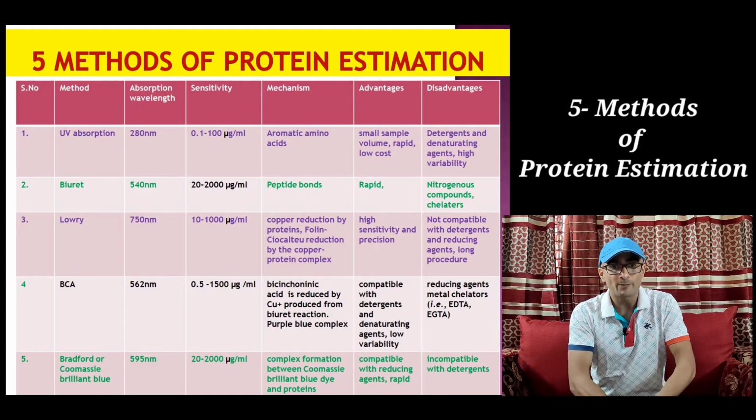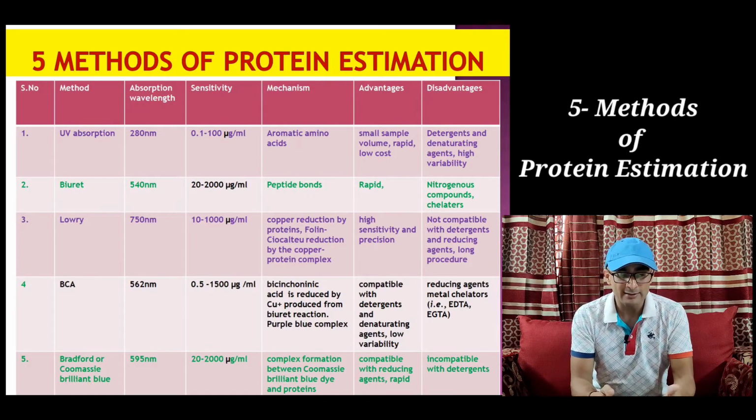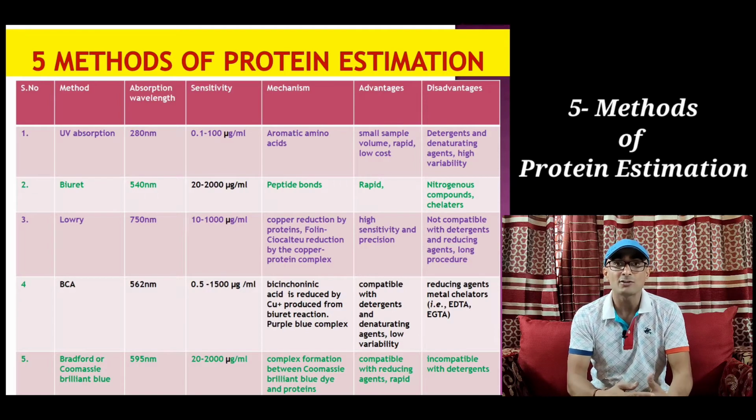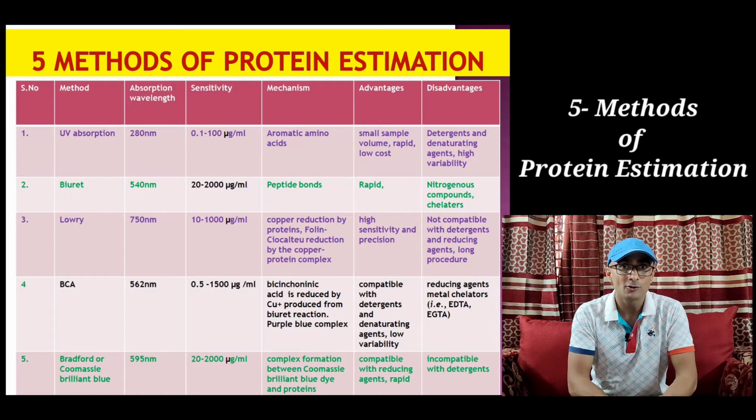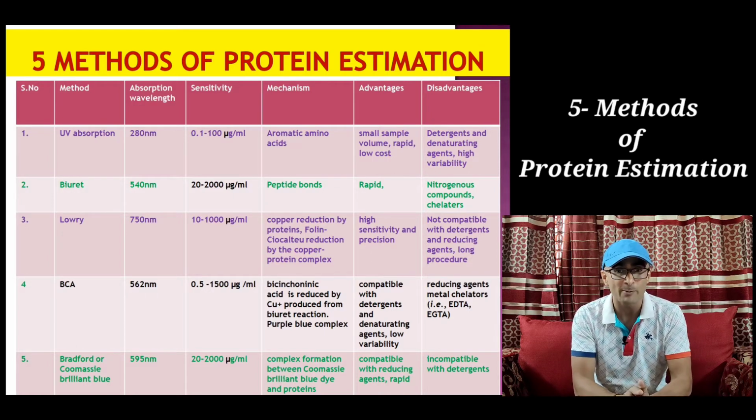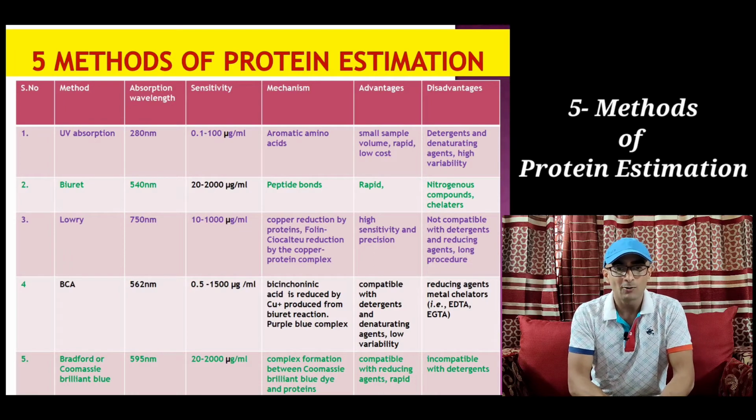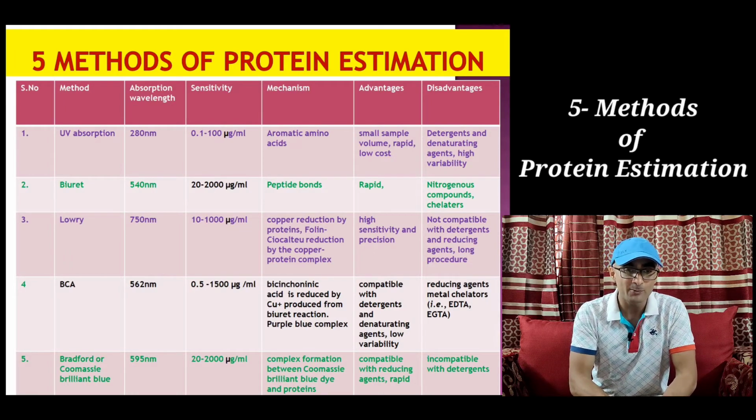The biuret reaction is basically the reaction of copper ion in alkaline condition with the peptide bond. The copper ion forms a complex with the peptide bond which absorbs at 540 nanometer. So the copper is allowed to react with the protein, and the complex formed is measured at 540 nanometer. This is called the biuret reaction.